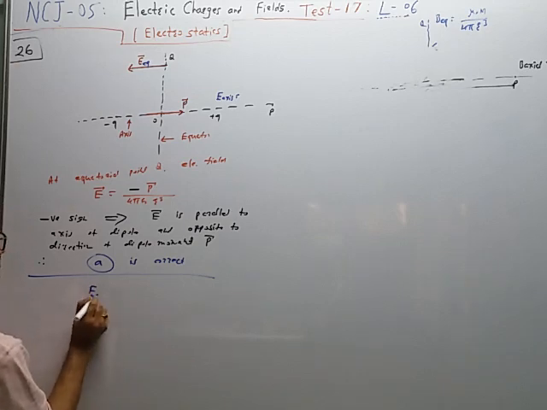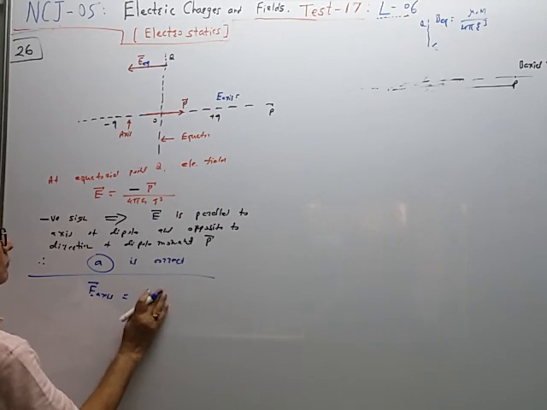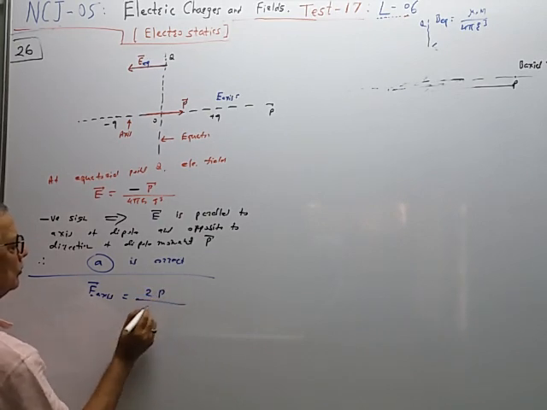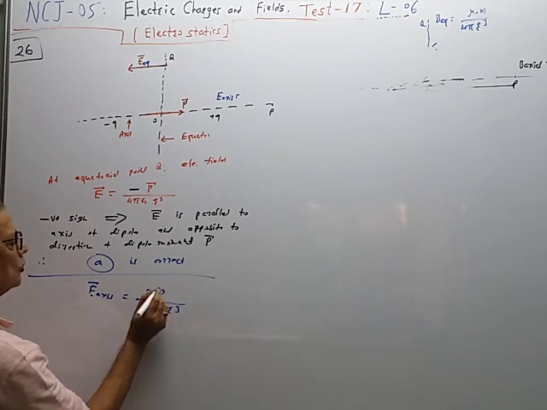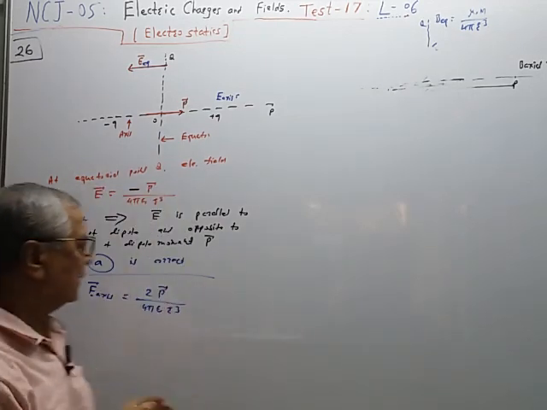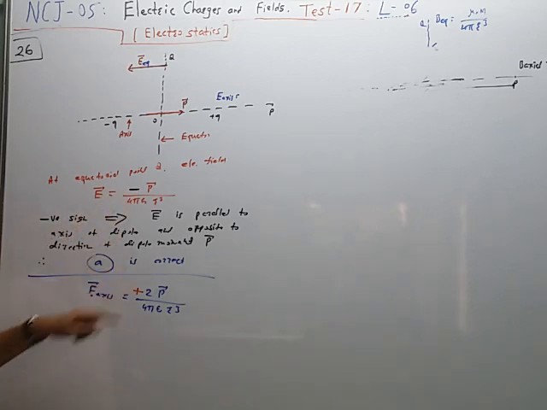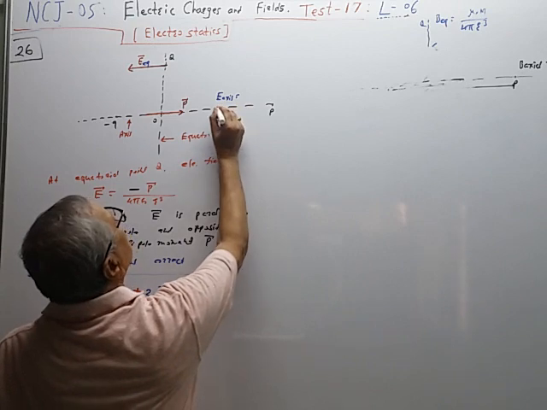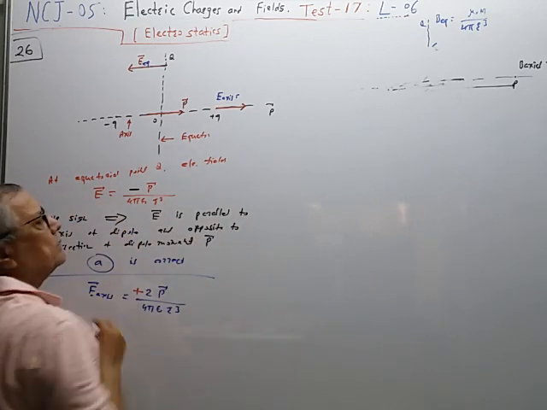E axis is equal to 2 times P upon 4 pi epsilon naught r cube. But here there is a plus sign, minus sign, plus sign. So this electric field at the axial point is in the direction of the dipole moment.